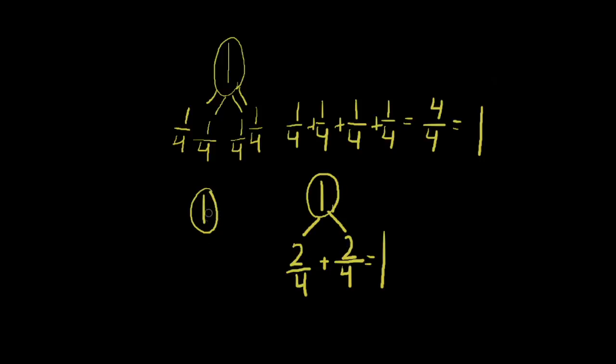I can break it up a different way. Let's say I started with 3/4. The other part of that would be 1/4. And again, 3/4 plus 1/4 would add up to 4/4, which would equal one whole.